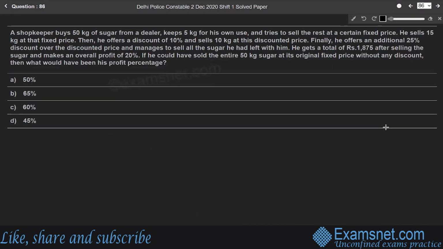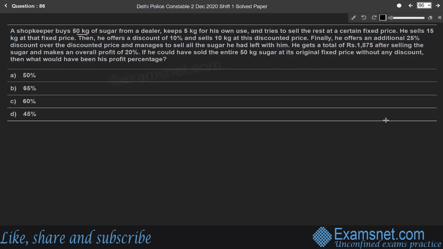Question 86. A shopkeeper buys 50 kg of sugar from a dealer, keeps 5 kg for his own use and tries to sell the rest at a certain fixed price. He sells 15 kg at that fixed price. Then he offers a discount of 10% and sells 10 kg at this discounted price.